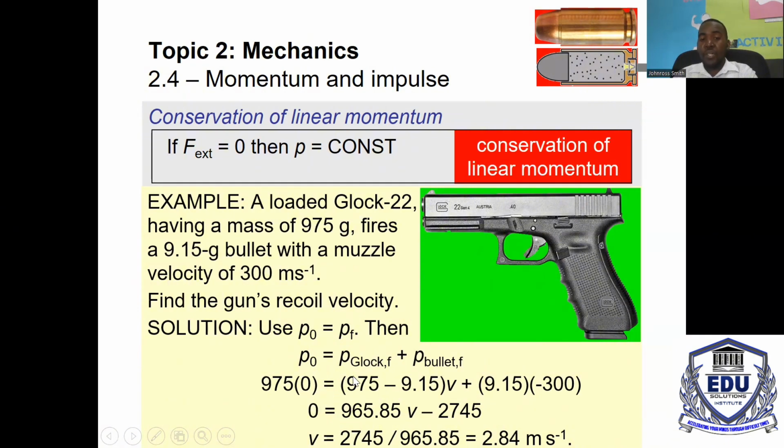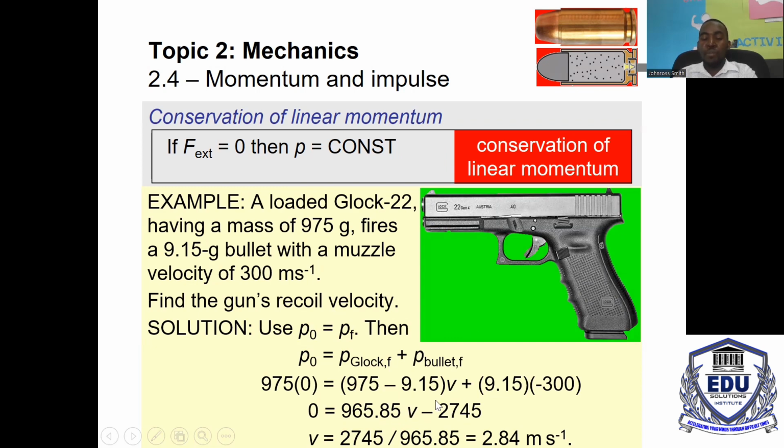Now, after collision, the gun will be going backwards while the bullet will be going forward. So we need to know the mass of the gun without the bullet, which is 975 minus 9.15, which gives 965.85. It's going to move with a velocity of v because that's the gun moving back with a recoil velocity.